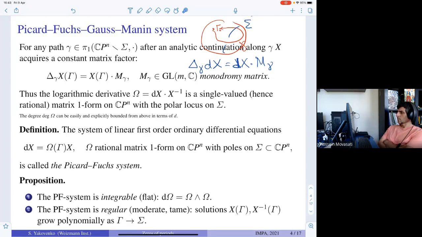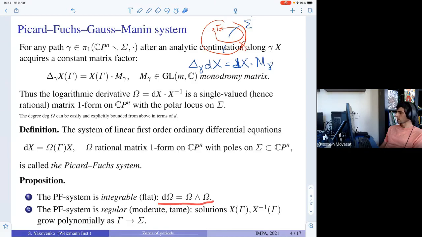Again, I won't stop on the calculation. And this system is called the Picard-Fuchs system of Pfaffian equations. So all of a sudden, we change the point of view, and instead of a solution, we consider a system of equations which is satisfied by this solution.